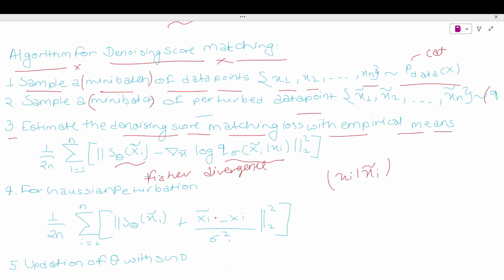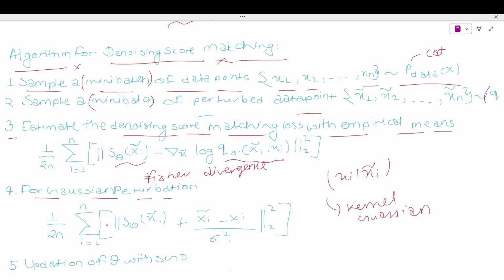If you write the formula here, the loss becomes this for Gaussian perturbation. If this kernel is a Gaussian kernel, it will have a closed form like this, which we have already seen.